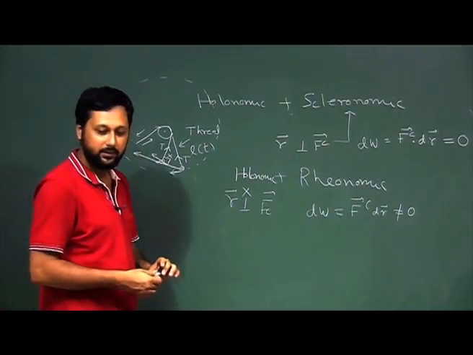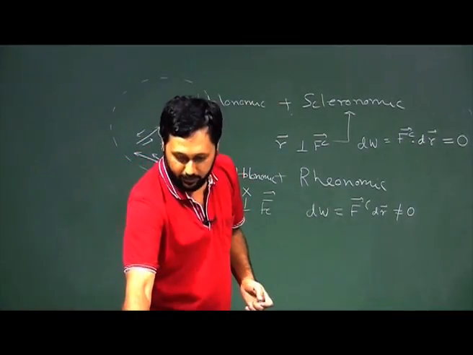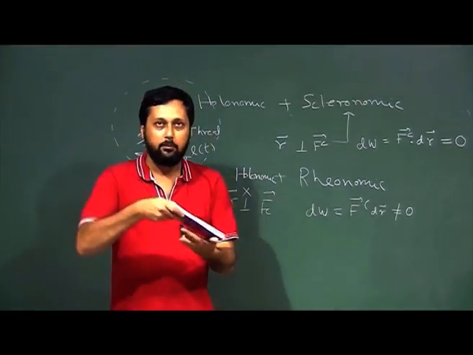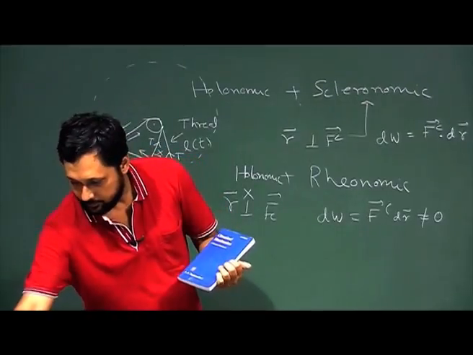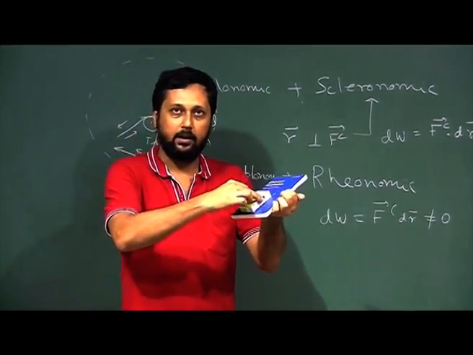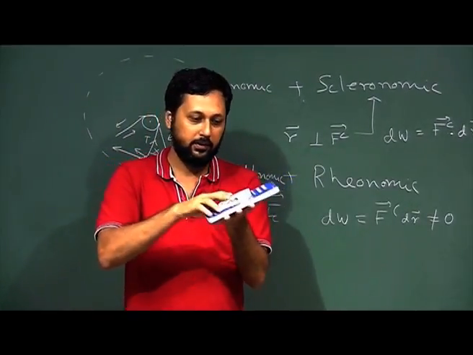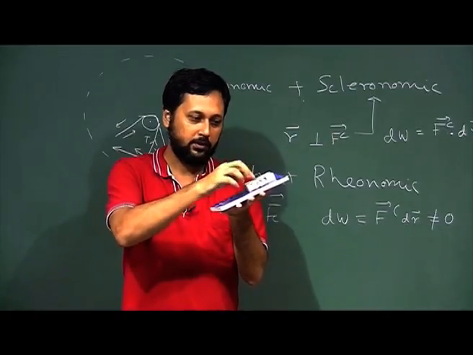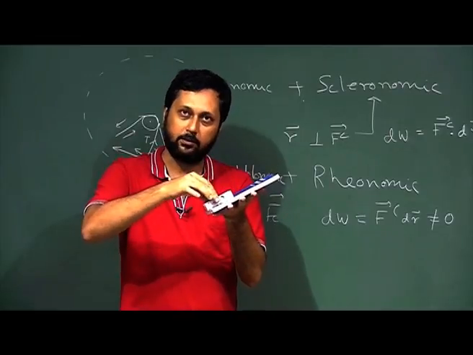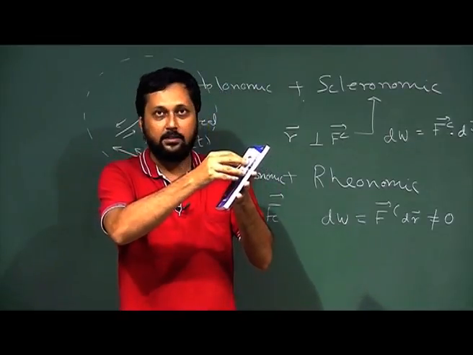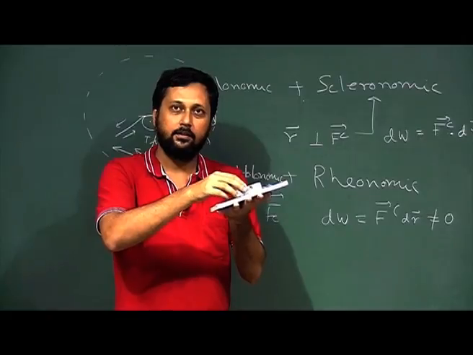But also we have discussed a case where, let us say, this is a plane which is inclined and this object is bound to move on this plane, right. So, here also we see that the normal force is always perpendicular to the direction of displacement. Now, as we change the angle, let us say the constraint condition is the plane equation.